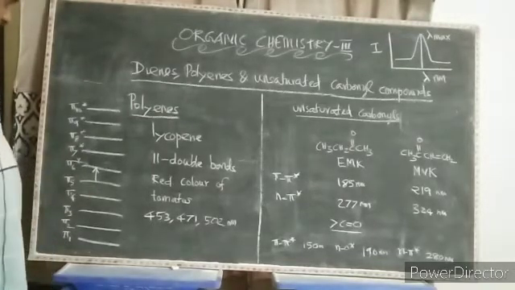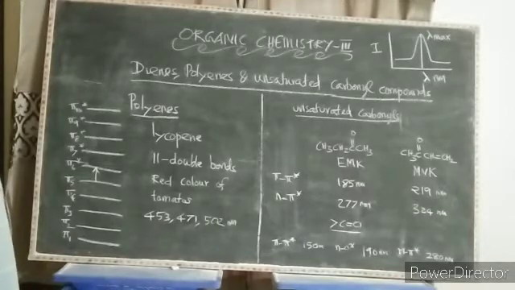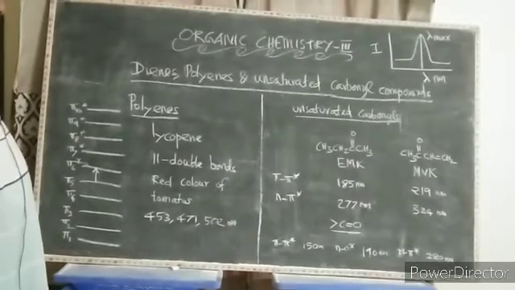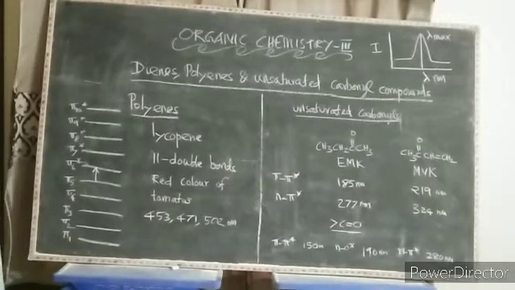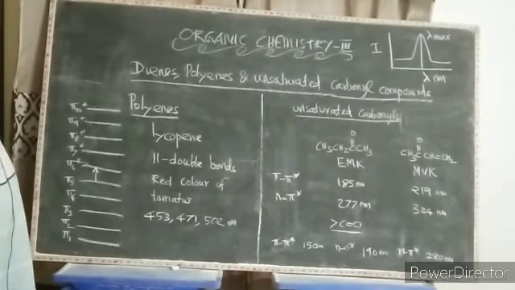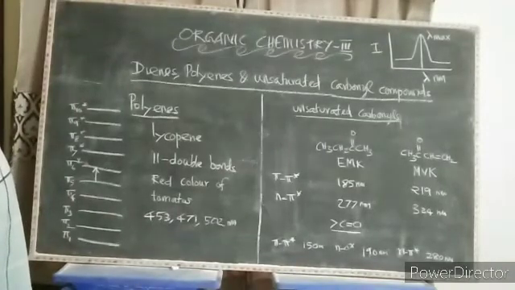This compound is abundantly present in the tomatoes, and this compound absorbs in the visible radiation, that is, it appears red, so it absorbs evidently in the visible region of the electromagnetic radiation.